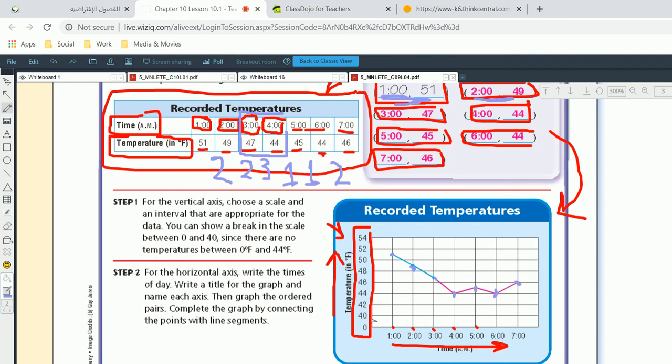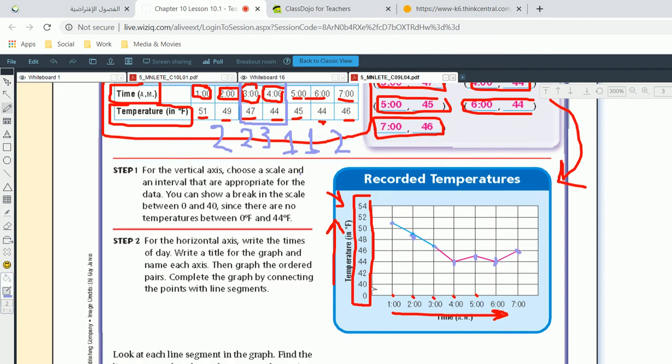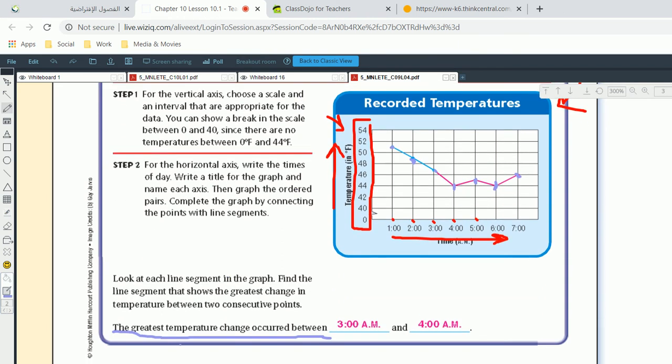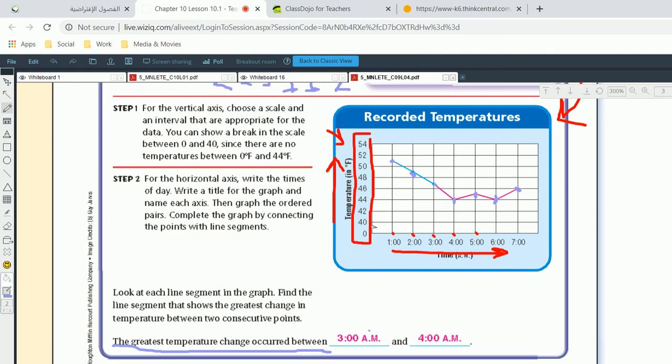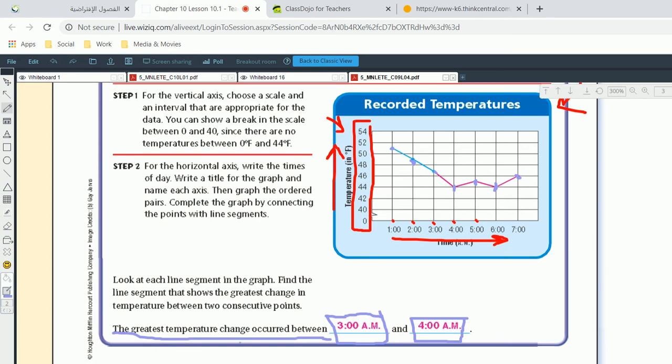He is asking me about the greatest temperature change occurred between what and what. What time here and what time here? Between 3 and 4. So you have to put the answer as 3 a.m. and 4 a.m. You have to put the times of the greatest temperature change.